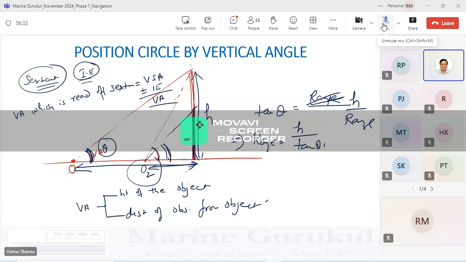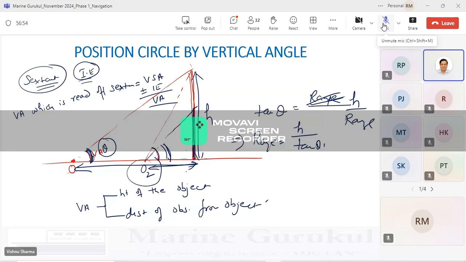Is that clear now, Beta? Vertical sextant angle, when corrected for index error, becomes the vertical angle. Is that okay? Whose question was that? Raghav, is it clear? Vertical angle is the actual angle.